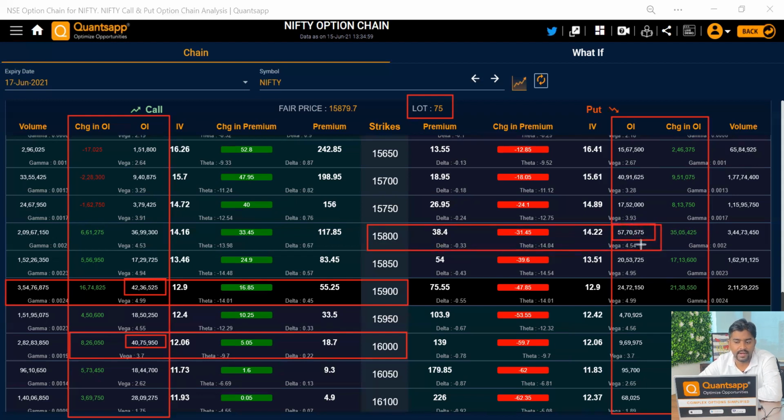Almost 58, right? So that is the OI addition on the put side. That is the total open interest at the put side. So the 15,800 put option has traded 57 lakh shares, buying and selling both. Okay, so we are considering this from both perspectives. So I think we are clear till this point.